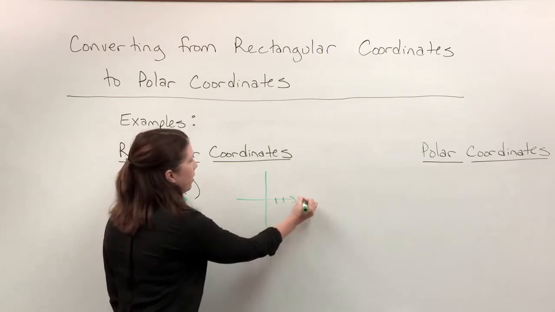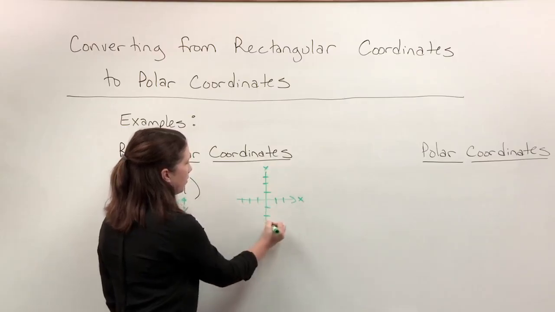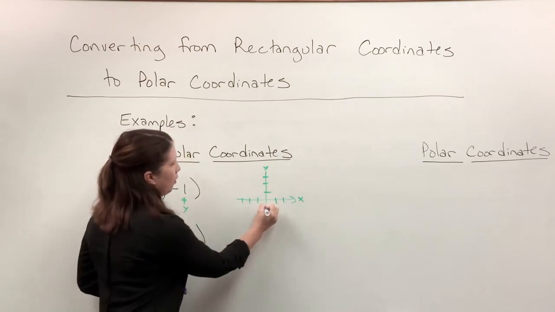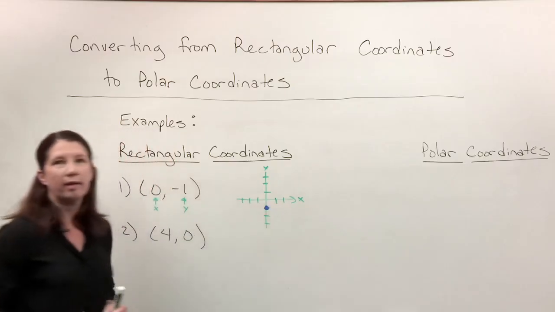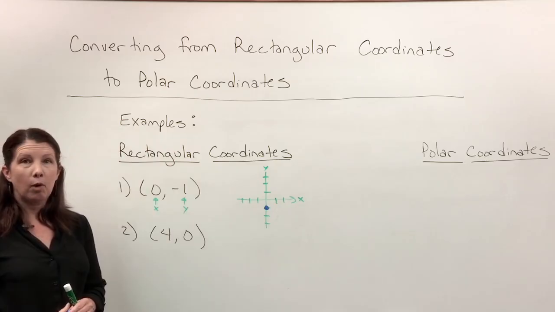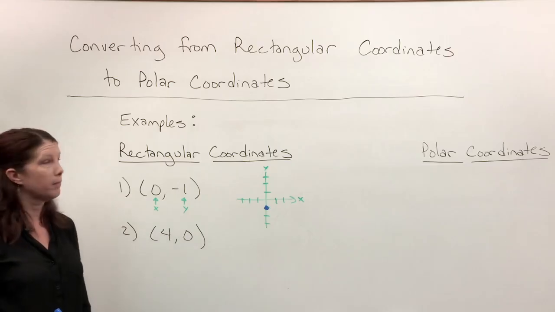So looking at this as our xy axis, the point 0, -1 would be right here on the negative y-axis. So now thinking about that in terms of a polar coordinate, let's think about the values of r and theta.